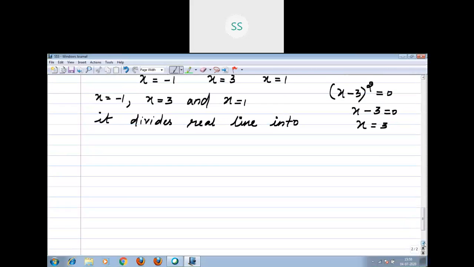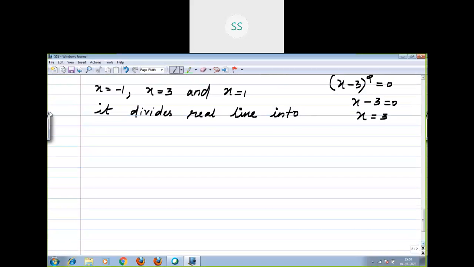Into 4 disjoint intervals. Right? 4 disjoint intervals. What are they? Yeah, very good. Minus infinity to minus 1.